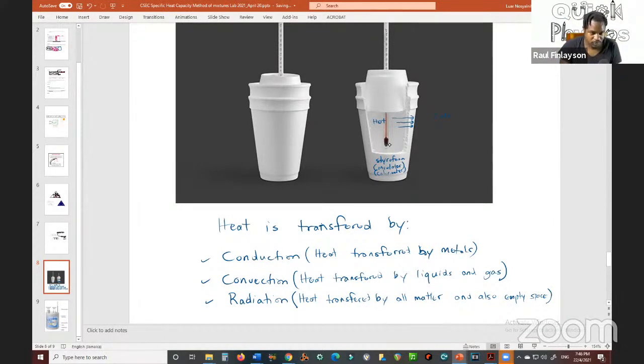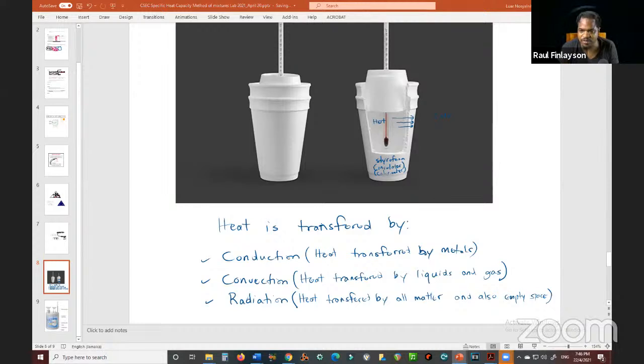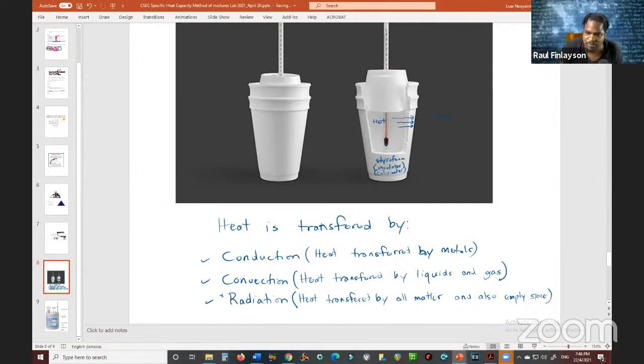Every day we are exposed to radiation, even if we're wearing body suits. In a nuclear environment, we still will be exposed to some radiation. It might be a lot less with the suit, but certainly you can't prevent radiation, guys. So the calorimeter adds the layer of the metal now to further prevent the heat loss. So that's how it works.